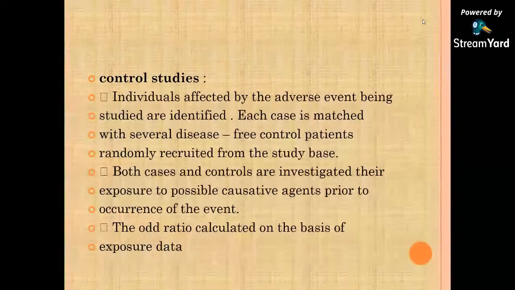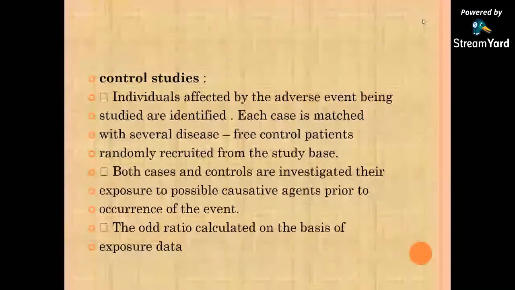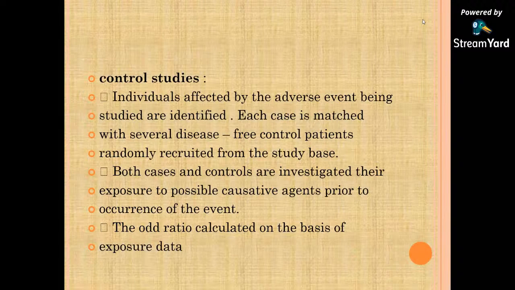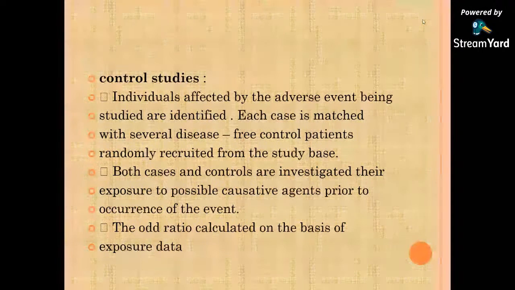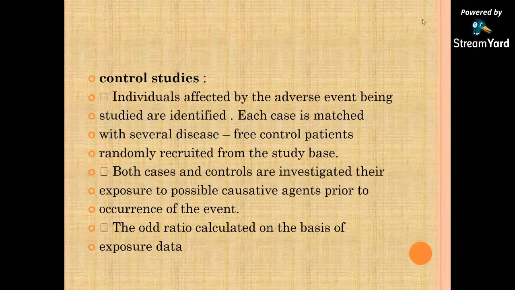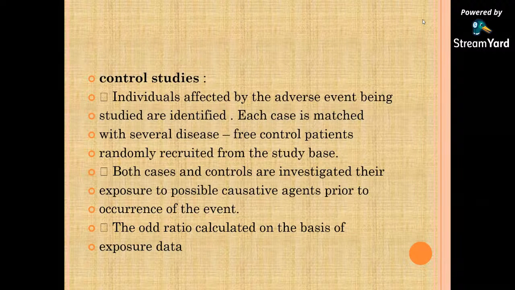Both cases and controls are investigated for their exposure to the possible causative agent prior to occurrence of the event, and the odds ratio is calculated on the basis of exposure data. Okay, so we are again comparing both groups of patients in case control studies also, and after that the odds ratio will be calculated on the basis of exposure data.